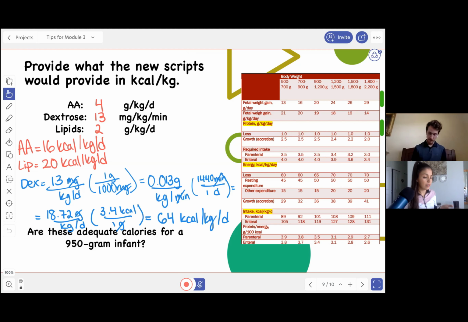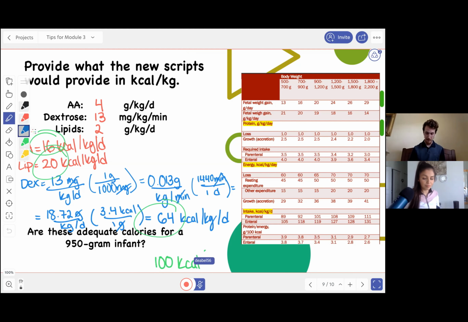Okay, so now we just add that up with our amino acids and our lipids and see what we get. We take the 16 calories from the amino acids plus the 20 from the lipids and the 64 from dextrose, which gives us a total of 100 calories per kilogram per day. So let's see where that falls in our normative data.